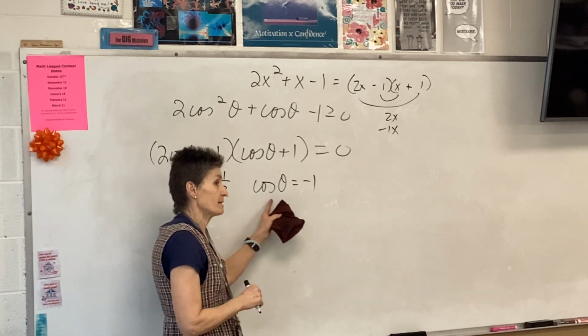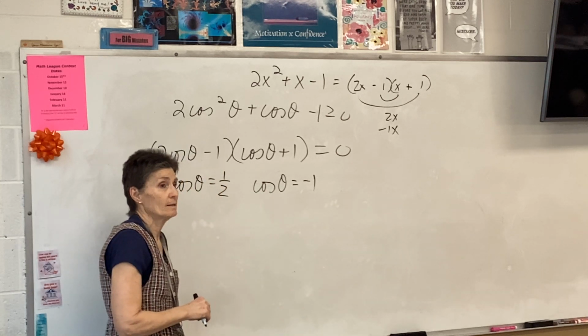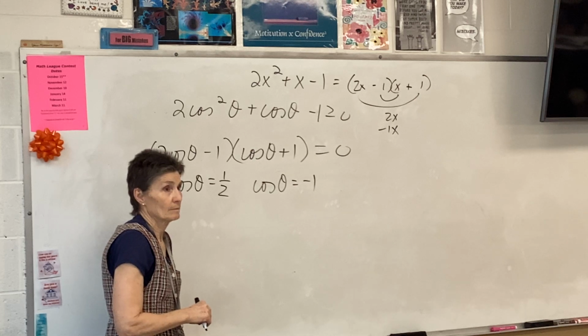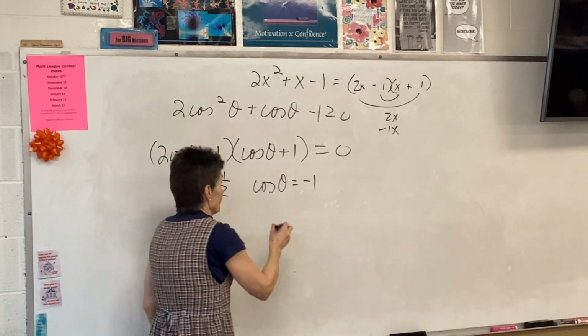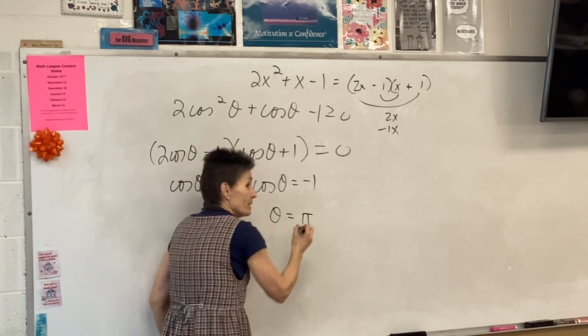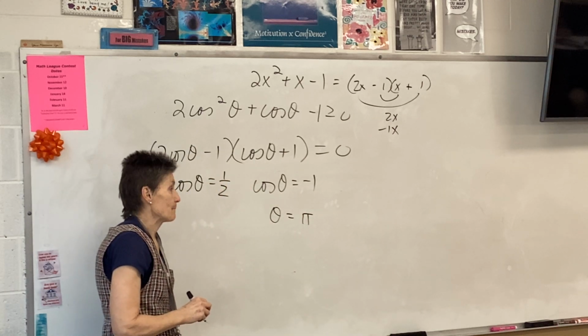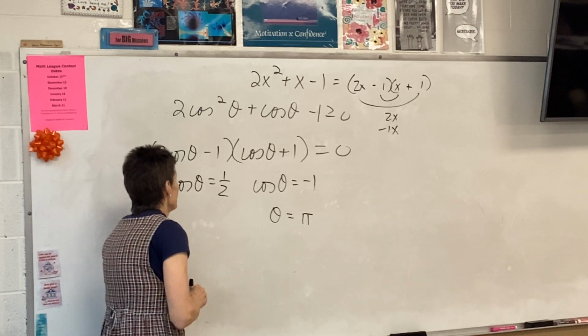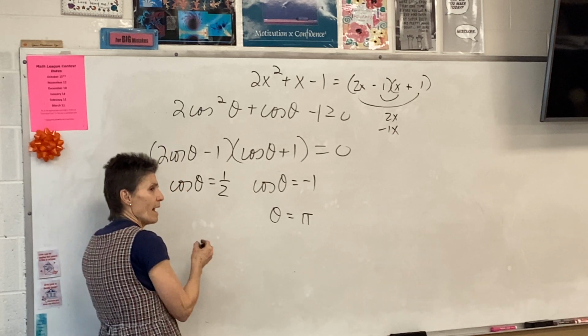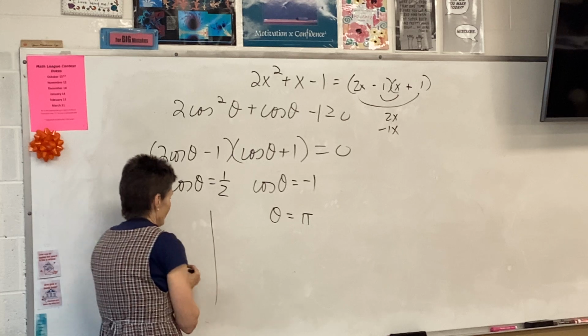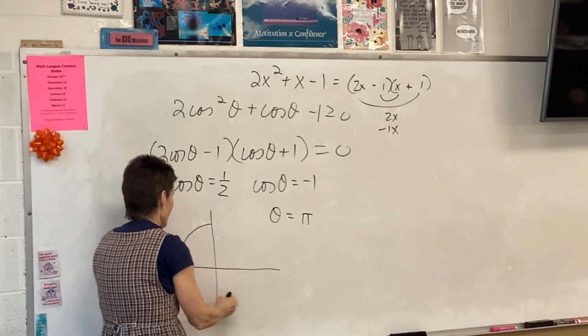This one's pretty easy. Where is the cosine negative 1? Pi? Everybody okay with that? X is negative 1. Now where is the cosine 1/2? I hear some answers already.